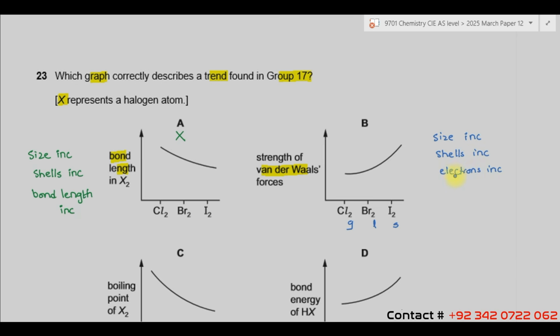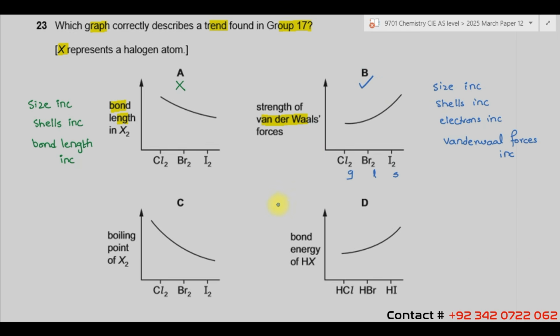So due to increase in number of electrons, van der Waals forces also increase. So iodine should be highest, bromine lower, and chlorine the lowest. So B seems correct. Let's look at the other options.